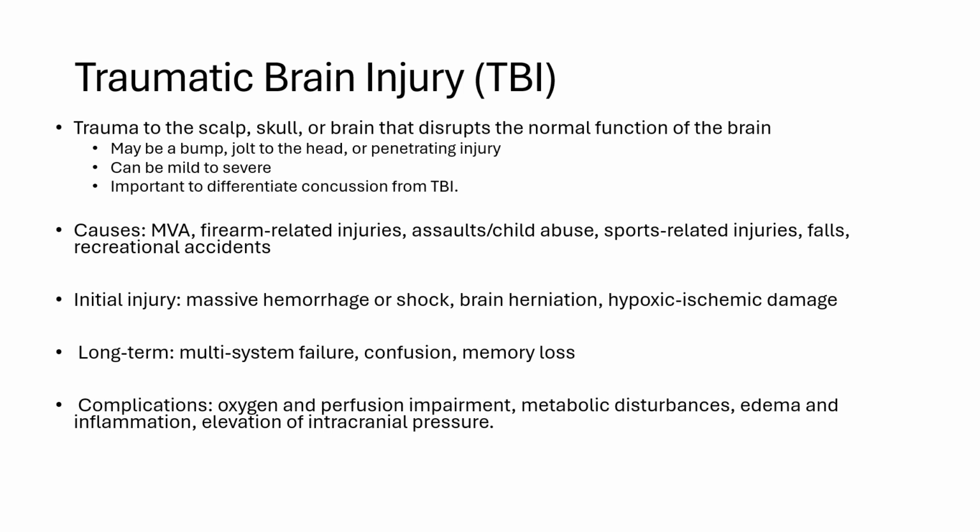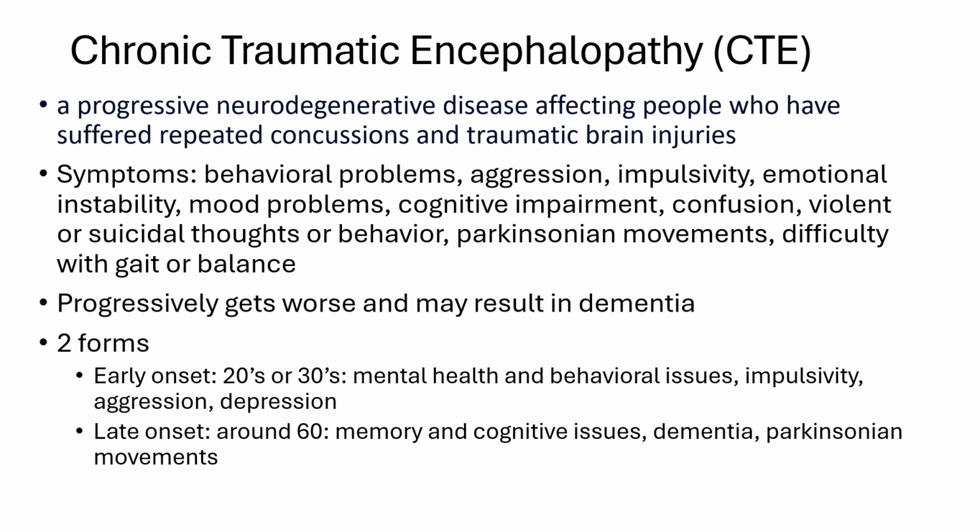Long term, this could lead to multi-system failure, confusion, and memory loss. Complications of traumatic brain injury include oxygen and perfusion impairment, metabolic disturbances, edema, and inflammation, and evaluation of intracranial pressure.